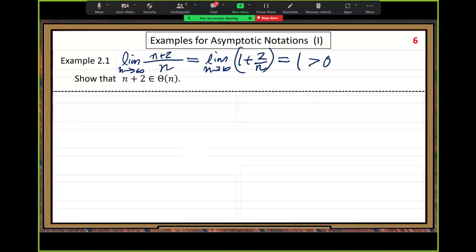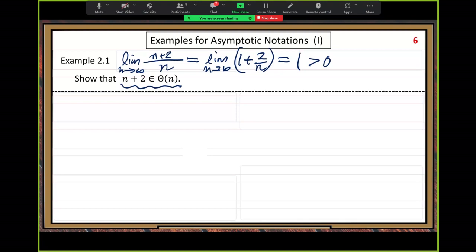So if you calculate the limit of the ratio and your answer is a non-zero, positive constant, because we never have the negative case, then you can conclude that f function belongs to big theta of g function. That's the first method.